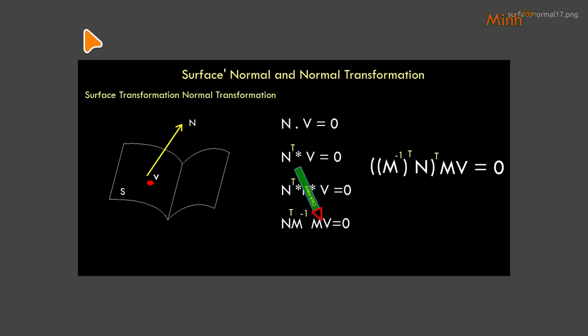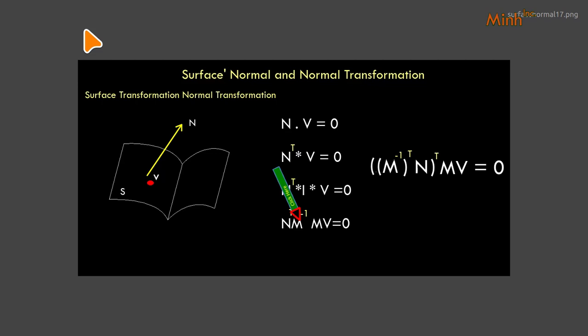Now if M and V is there, I can say that the vertex is transformed by matrix M. So this is a new surface.